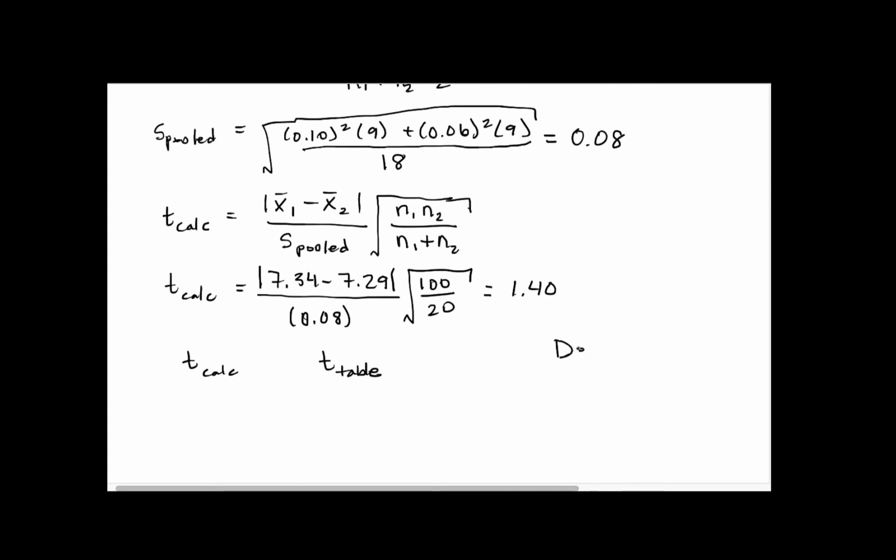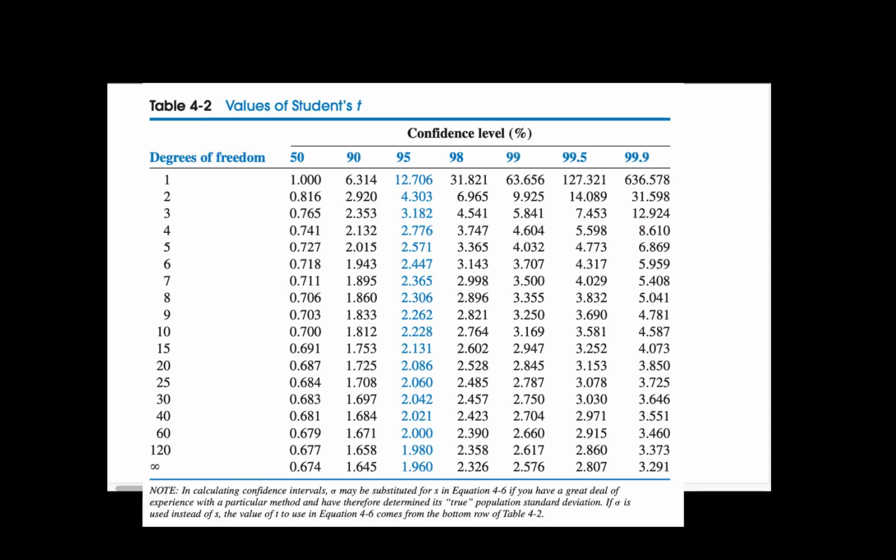So here our degrees of freedom are just 18. So if we go back over to that table, we can see that we don't have 18 degrees of freedom on the table. So instead, if we look at n equals 15, the t, we better pick a confidence level, right?